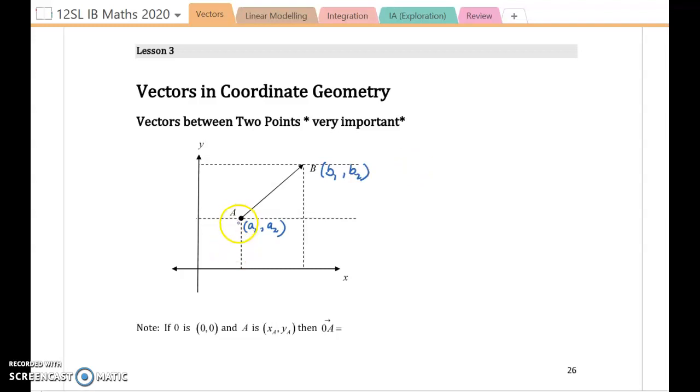So I would just note that with x and y, we always do it relative to the origin. So if this was 3, 4, that's saying it's 3 units horizontally away from the origin and 4 units up from the origin, right? So that's all relative to 0. We'll come back to that note.